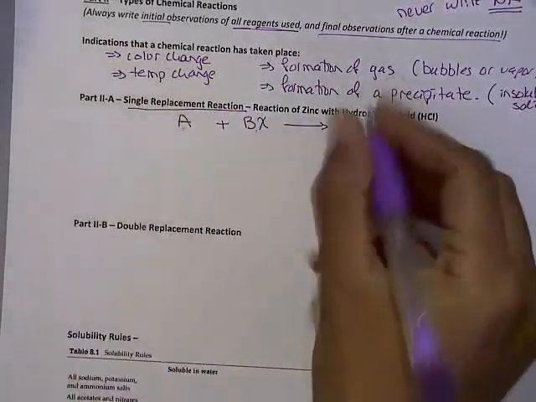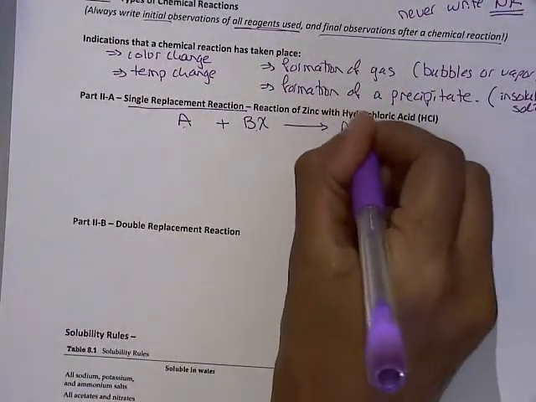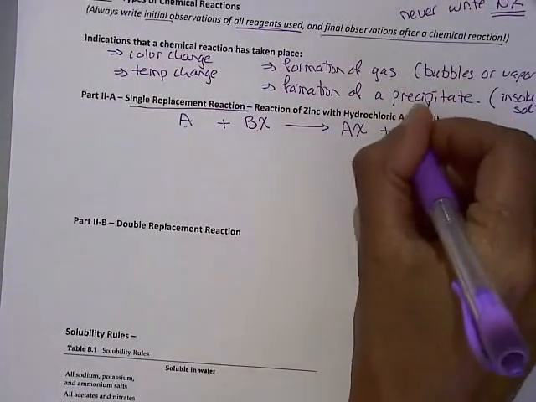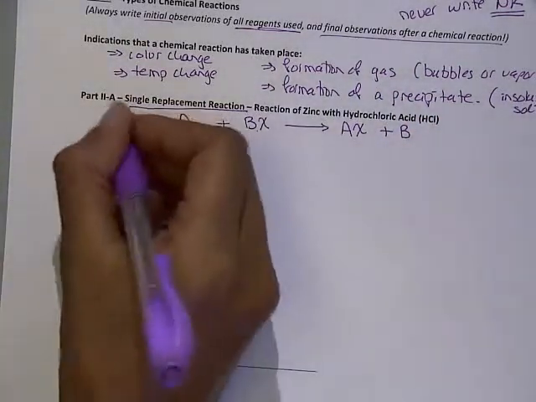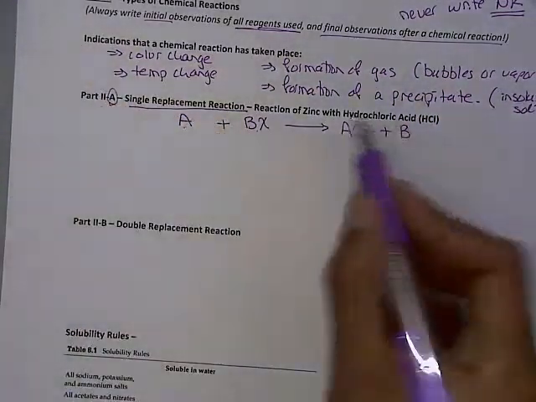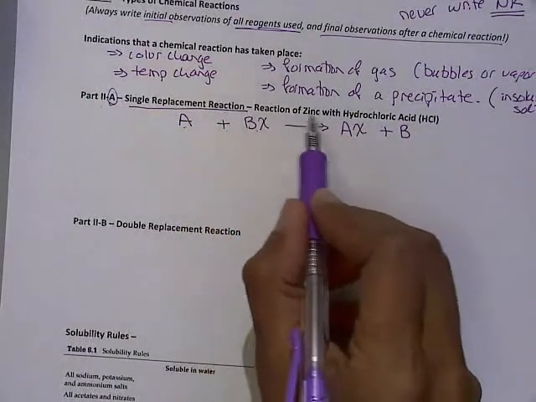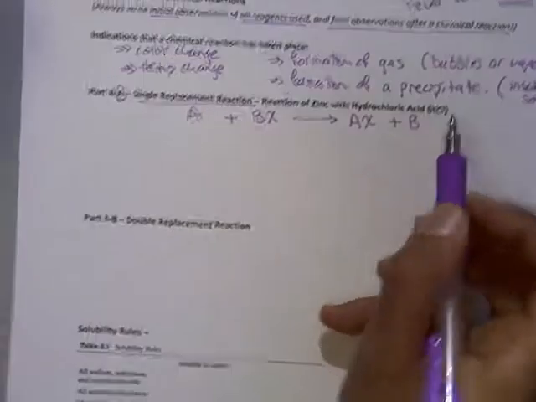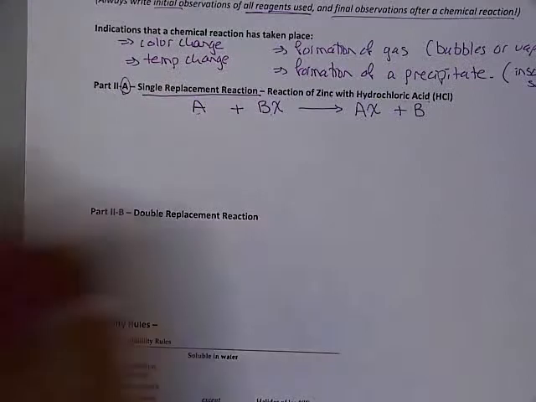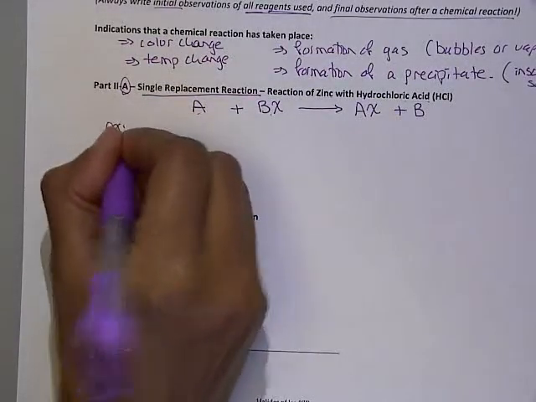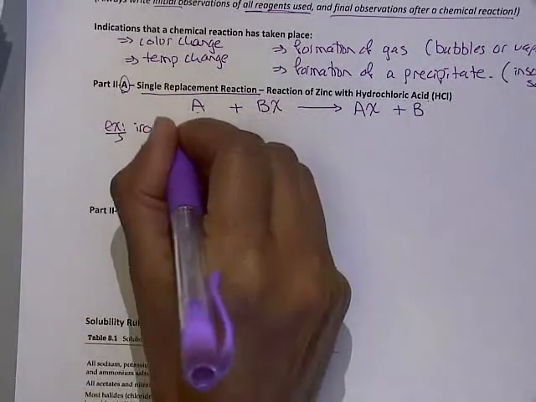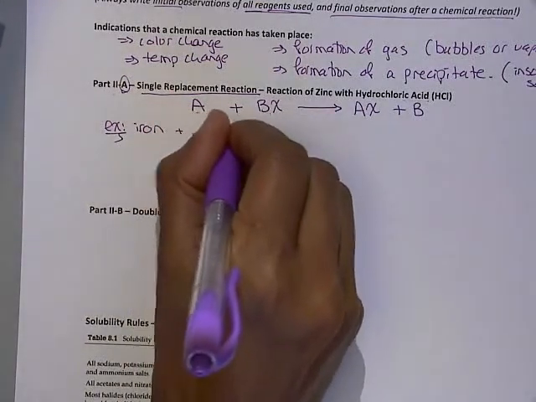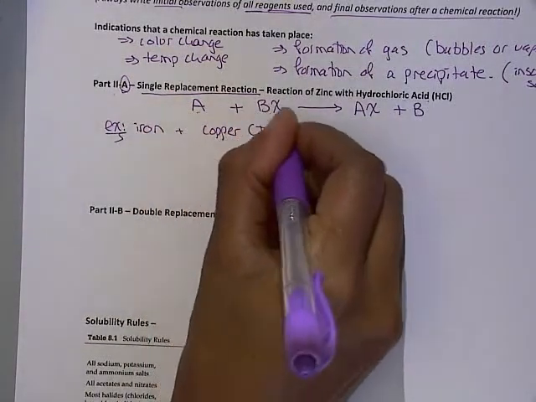So we swap A and B. So now we've created a new compound, AX plus B. So in part A of part 2, we're doing a single replacement reaction of zinc with hydrochloric acid. So another type of single replacement reaction, what if we have iron plus copper 2 sulfate?